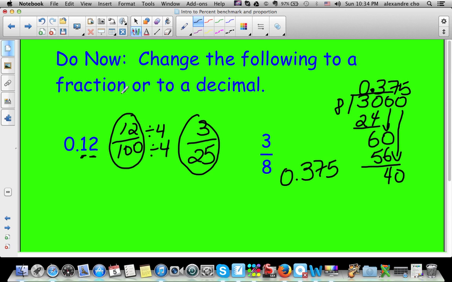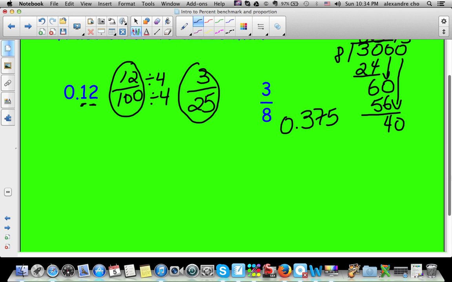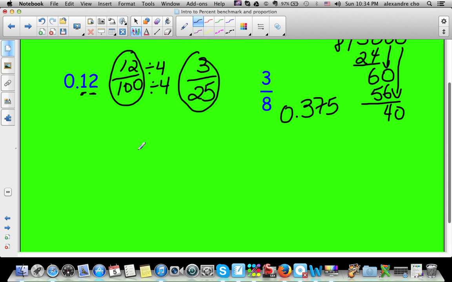Let's change it to the next page. Oh, actually, I wanted to do something here on this same page, let me just bring the screen down. But some of you might ask, well, 0.375, let's take that for a second. And you know that these two are equivalent to each other, but just in different formats.